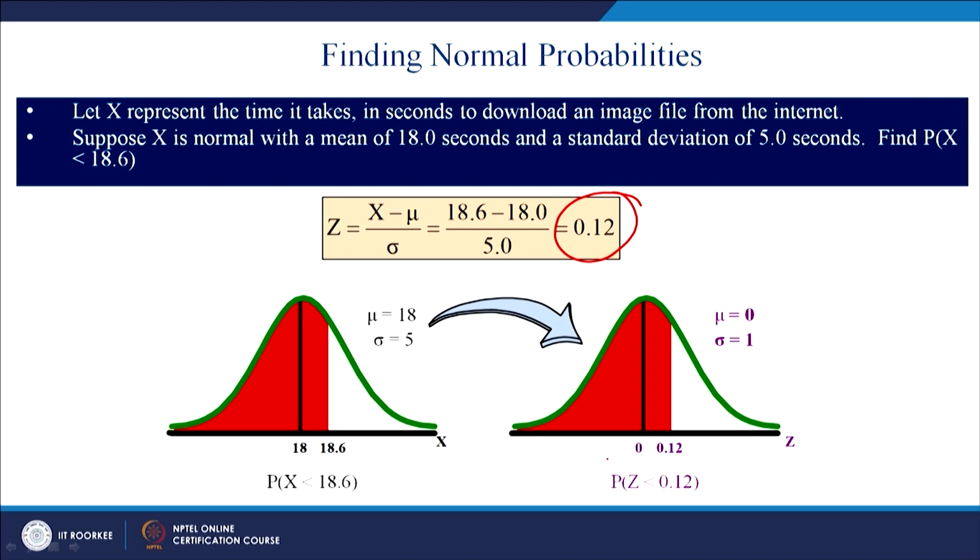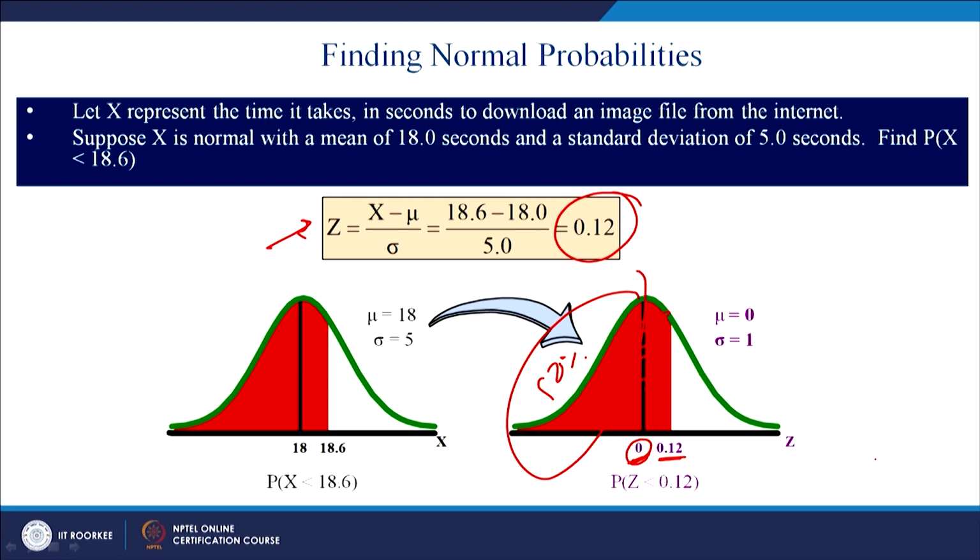We know that z is the standardized scale. So, this is z, this is 0, and z is 0.12, which is towards the right side of 0. Now, just by looking at this distribution, you can know that the answer would be more than 50%, because this area is 50%, isn't it, and we have to calculate more than that.